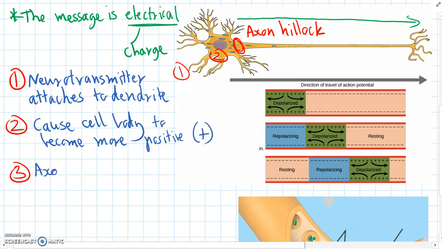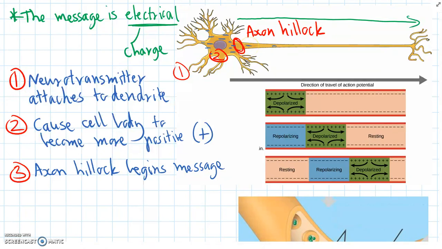So the Axon Hillock begins the message. And it does that by causing more positive charge just at the start of the axon.